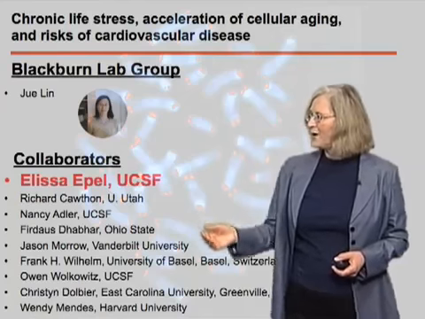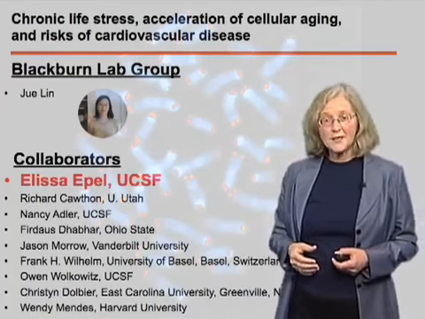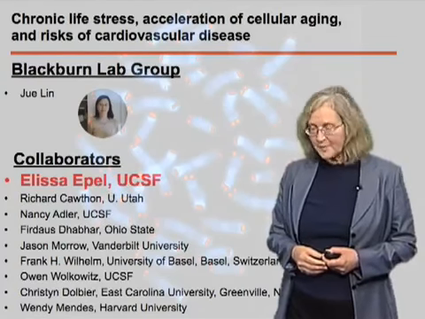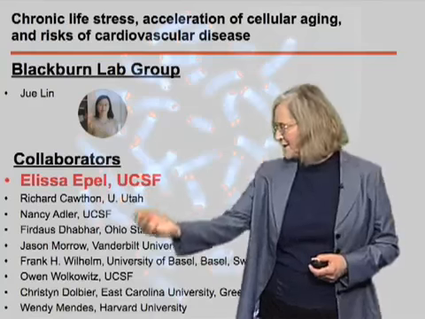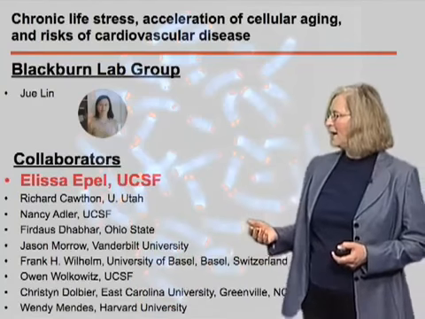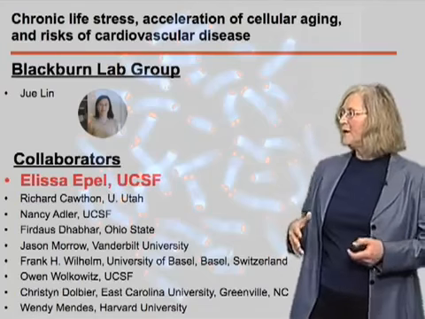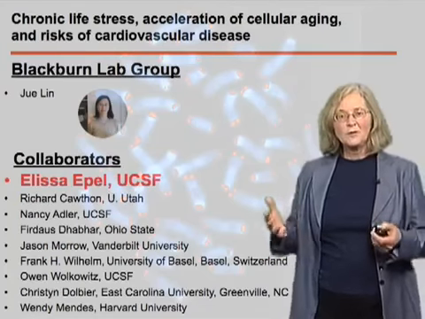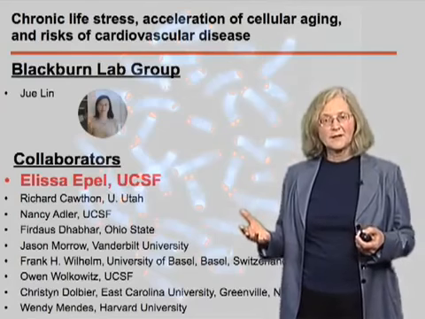And our group collaborated with the group of Dr. Elissa Epel at the University of California, San Francisco's Psychiatry Department, and a number of other colleagues who are all listed here. So now I want to tell you about those findings, which are now done with human beings in vivo, participants in these clinical studies.